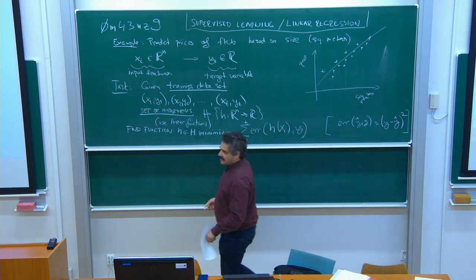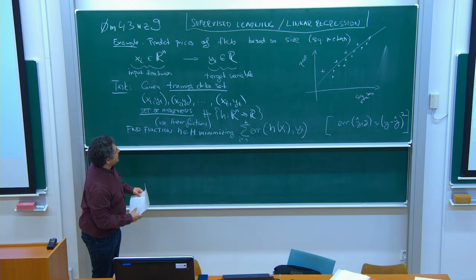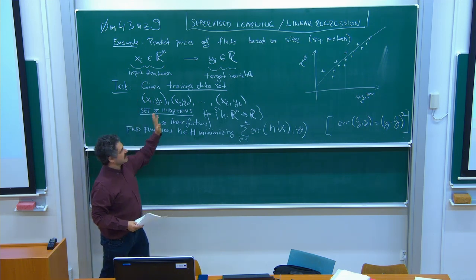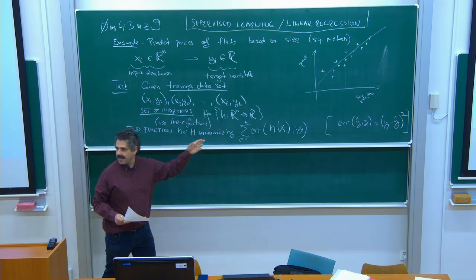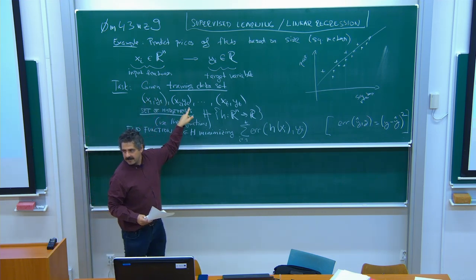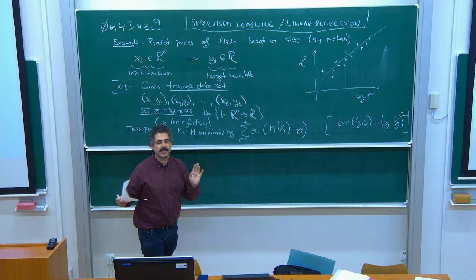Okay, so how does it relate to our particular example? Here we have just one feature in the feature vector. So this is just the square meters. So basically, I get a training set: square meters, price, square meters, price. How would you get such a set?